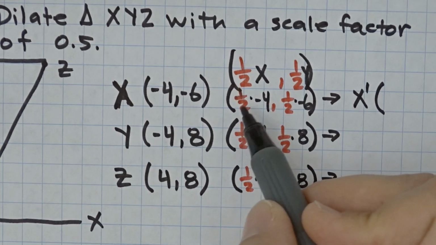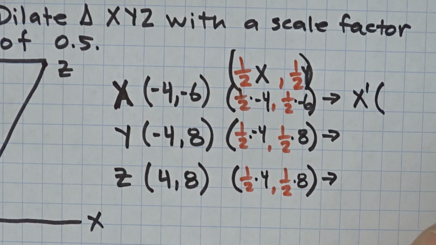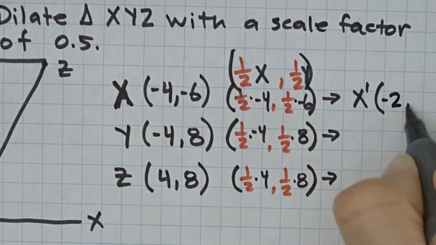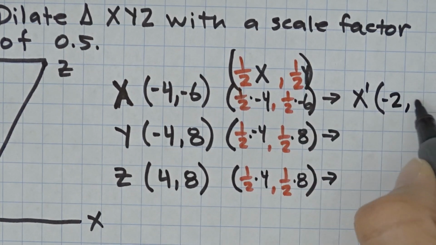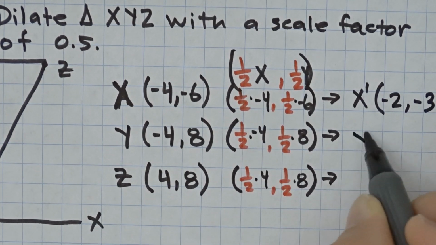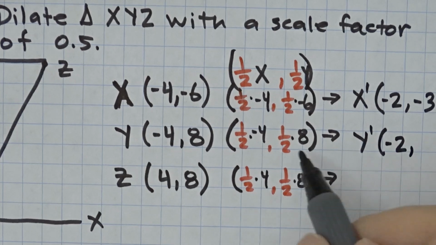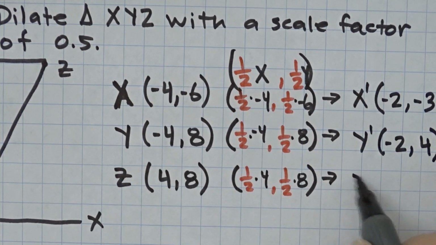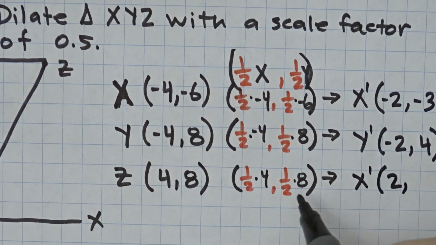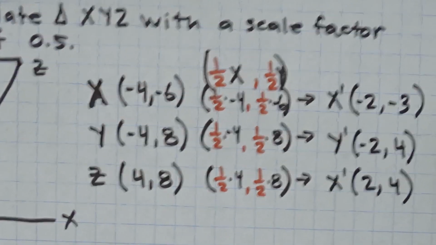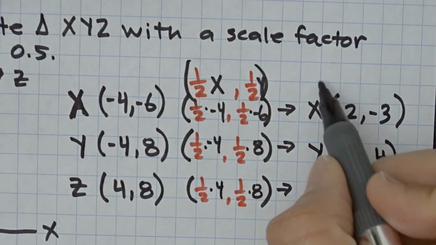So instead of what's a half times negative 4, I can ask you what's half of negative 4, and you say negative 2. What's half of negative 6? Negative 3. What's half of negative 4 again? Negative 2. What's half of 8? 4. Half of 4 is 2, and half of 8 is 4. And that's your new coordinates for your new image.